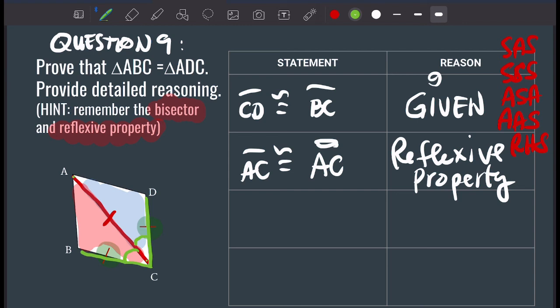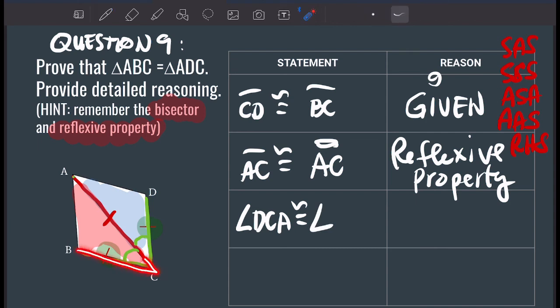So, what can we say? We can say that angle DCA, this angle, okay? Angle DCA is congruent to angle BCA, this one, okay?